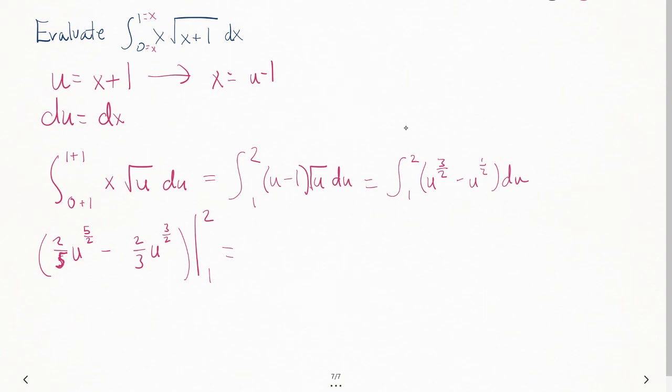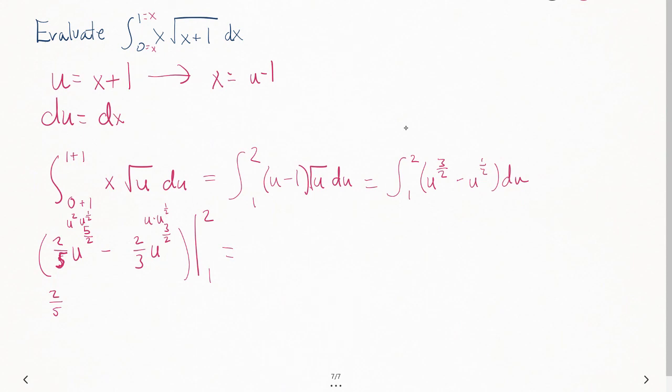Well, another way to write this, just an FYI, you can write this 2/5 u squared times u to the 1/2, and this one could be 2/3 u times u to the 1/2. And remember, u to the 1/2 is just the square root, right?